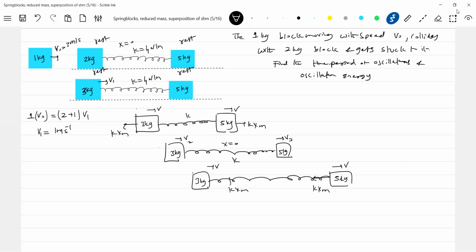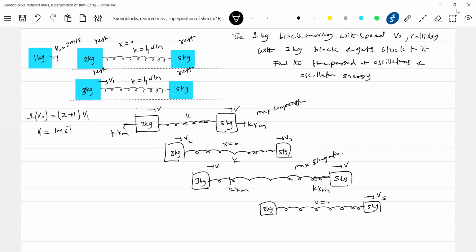After maximum elongation, so this is maximum compression. This is maximum elongation. After maximum elongation, what do you get? Again, natural length. Again the blocks will have some velocity.